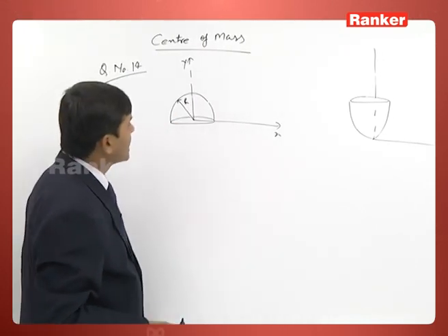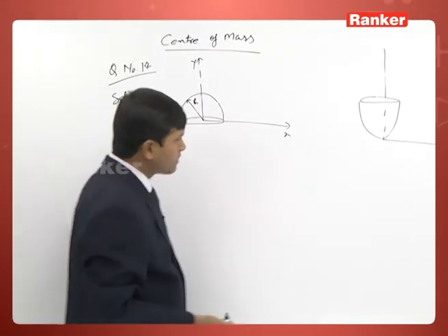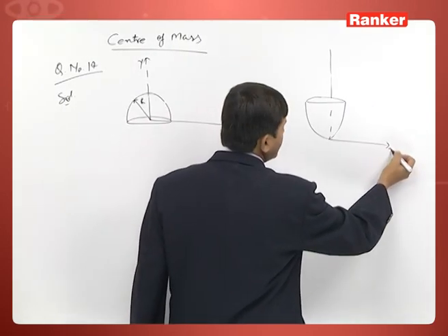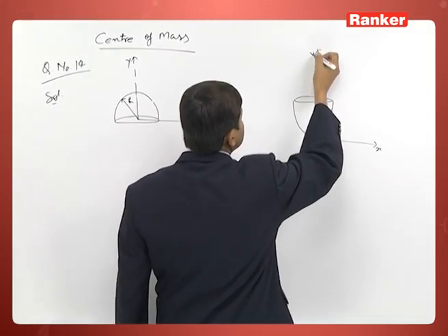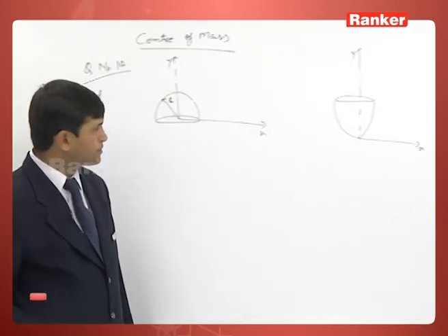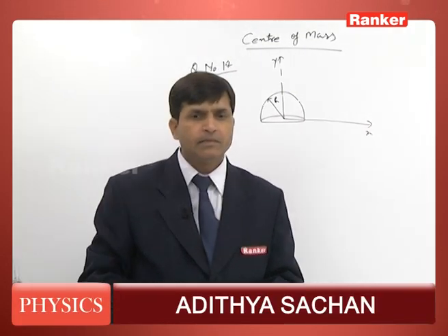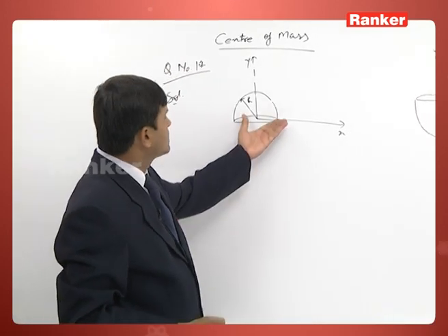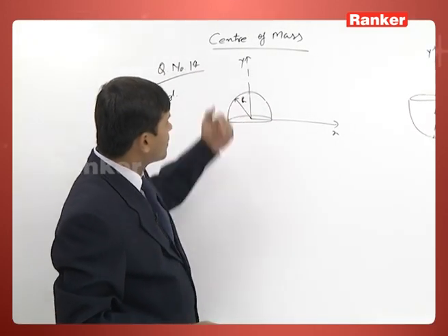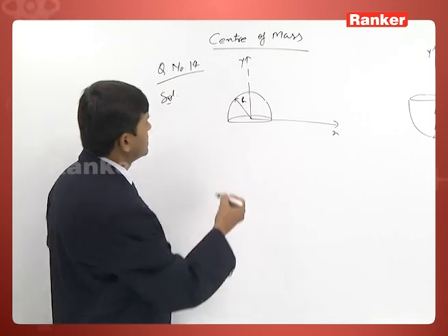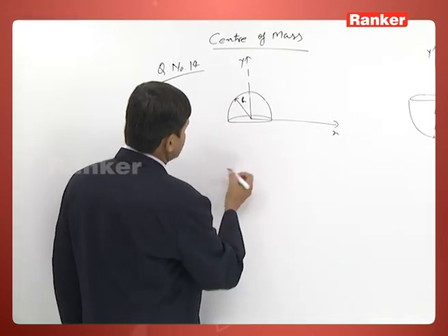So, first we would like to find the position of the center of mass of the hemisphere. See, the hemispherical bowl can be taken as a number of rings like this.